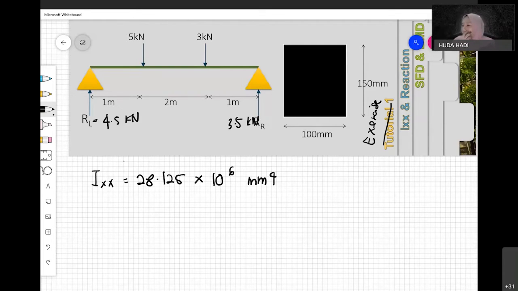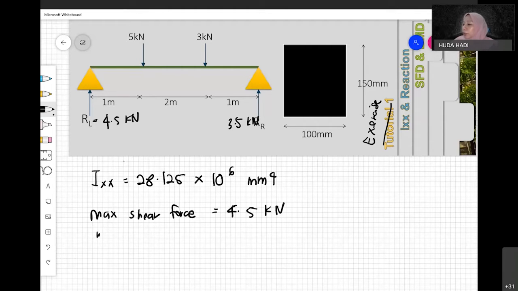Bila you dah dapat RL and RR, then you can draw the SFD and BMD and get the maximum shear force and maximum bending moment. For maximum shear force, the answer that I dapat adalah 4.5 kilonewton.